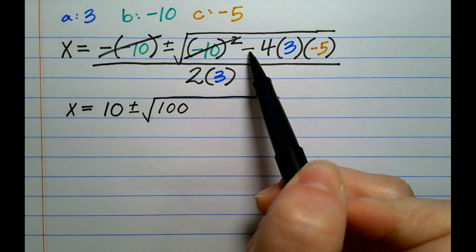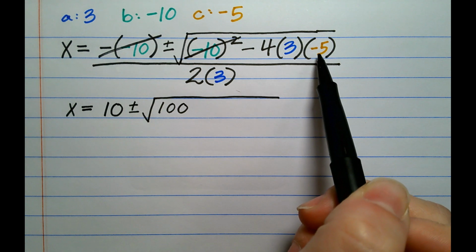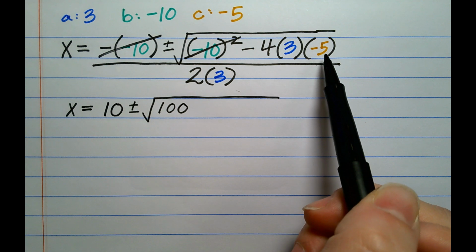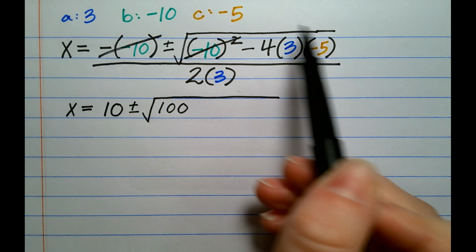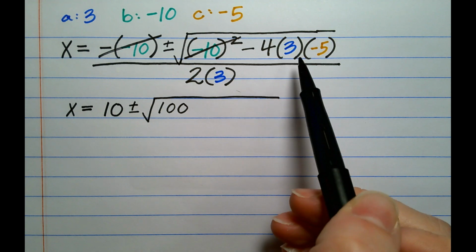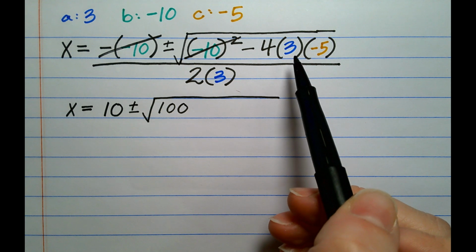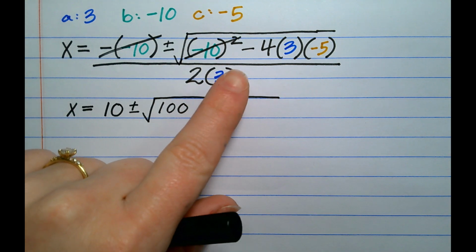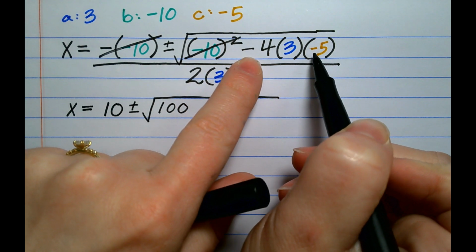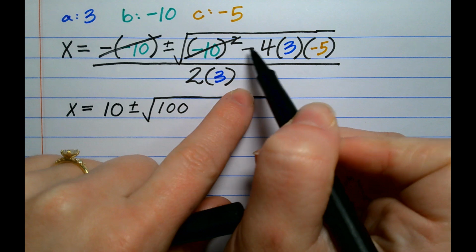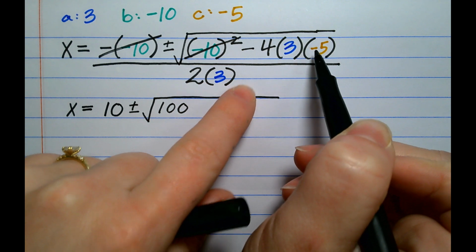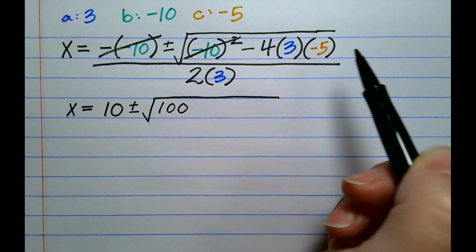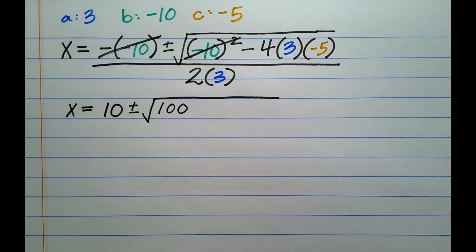Now, negative 4 times 3 times negative 5. Am I going to get a positive or a negative answer here? Positive. Why? So exact opposite, but it's because we have an even number of negatives. Because the negative 4 and the negative 5 are pairs. They'll cancel each other out and we'll get a positive answer.